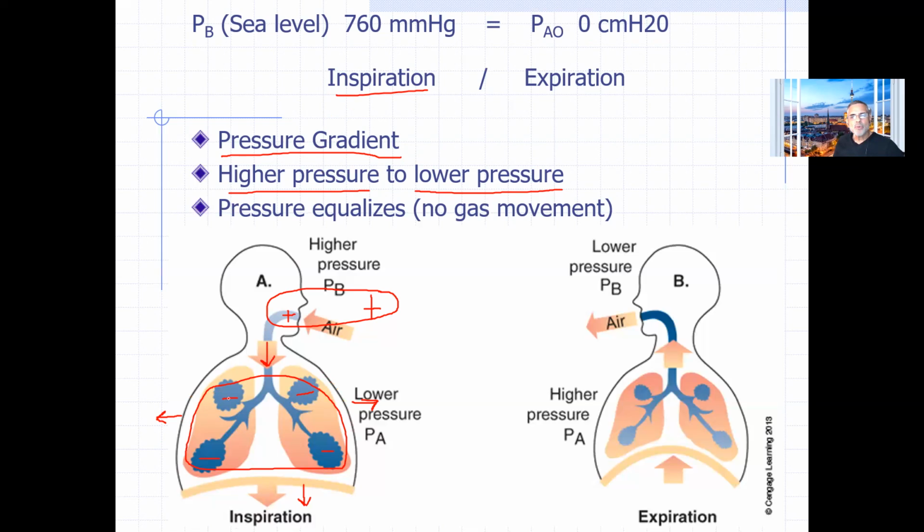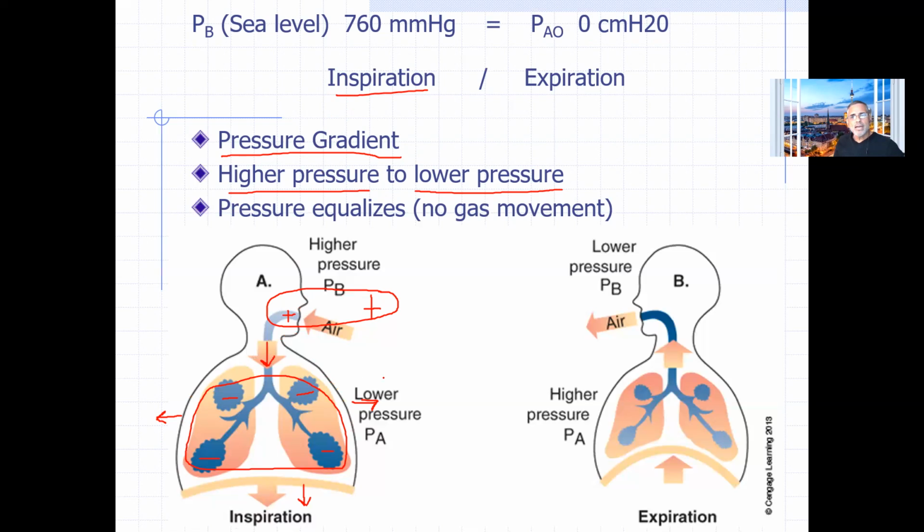And that creates a pressure gradient between what's outside, which is now more positive, compared to the alveoli, which is more negative, and gas will move in. How much gas moves in depends on what that pressure gradient is, and we're going to talk about that at a later point and practice that.